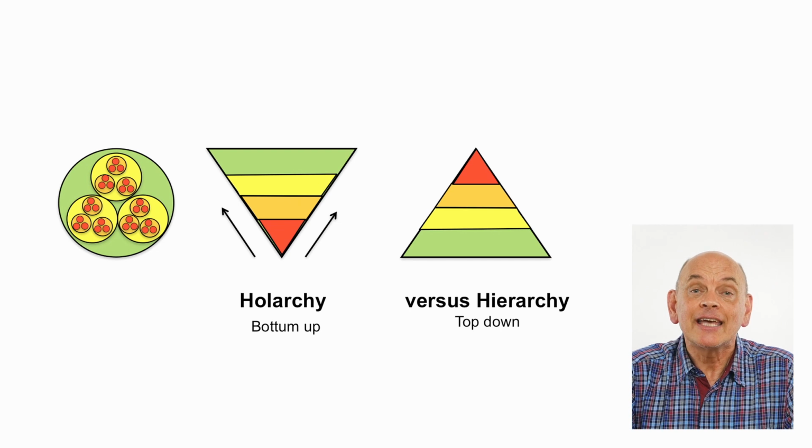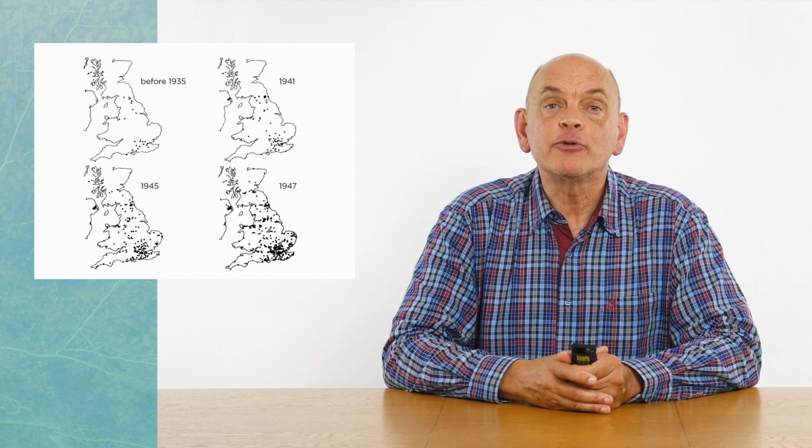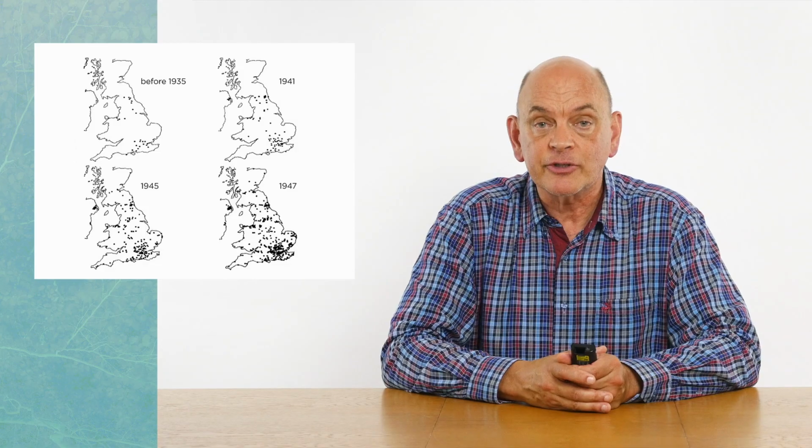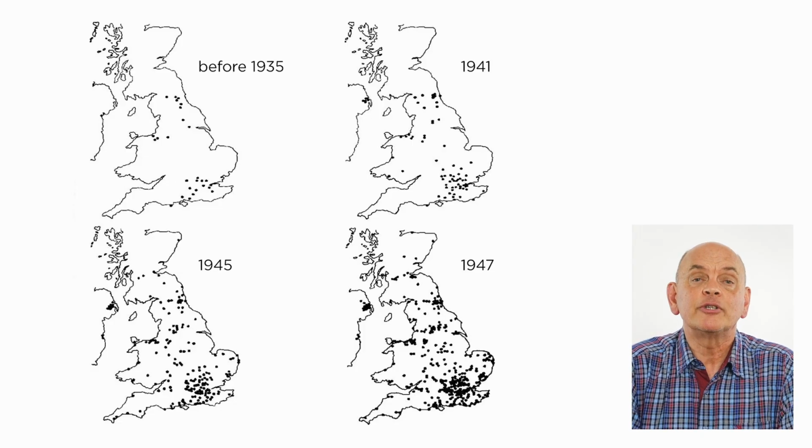Well, let's get into some examples now about the morphic fields. One of the best known examples are the bluetits in England in the late 30s, opening milk bottles. This behavior suddenly spread all over England and nobody could even understand it. How could this happen?